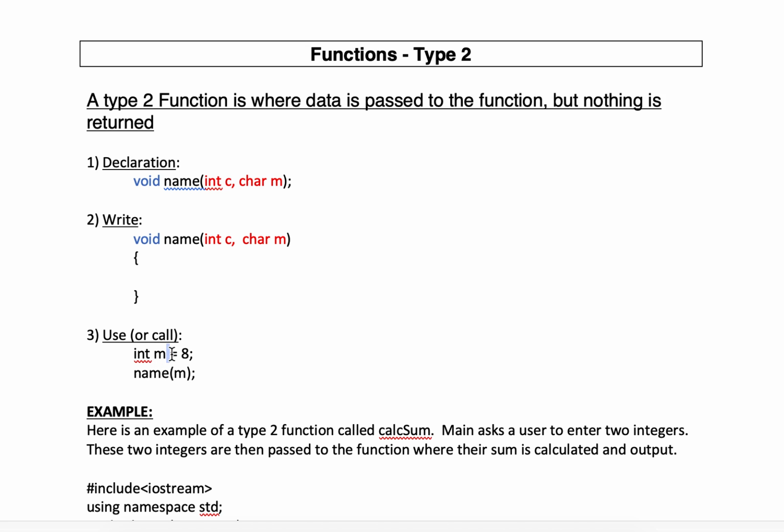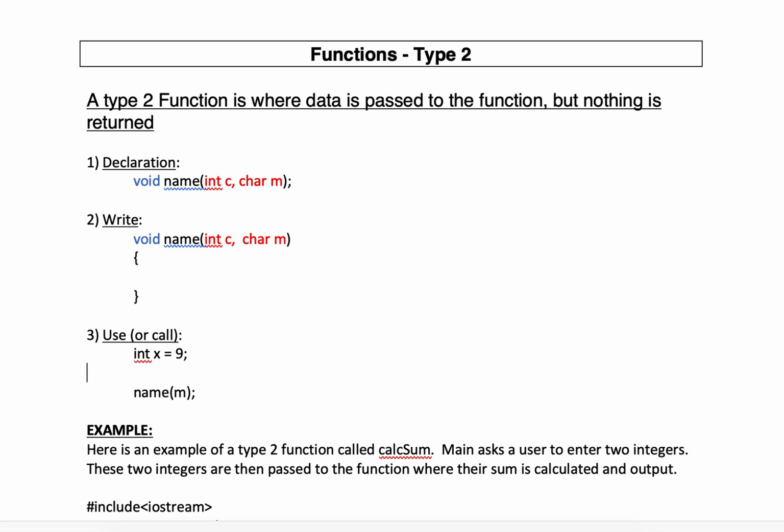And then let's say I have an int x equals 9 and a char h equals a capital letter P. So an example of using the function, I could send it 6 and then the character $. I can do that because the first piece of data is going to be an integer and the second one has to be a char.